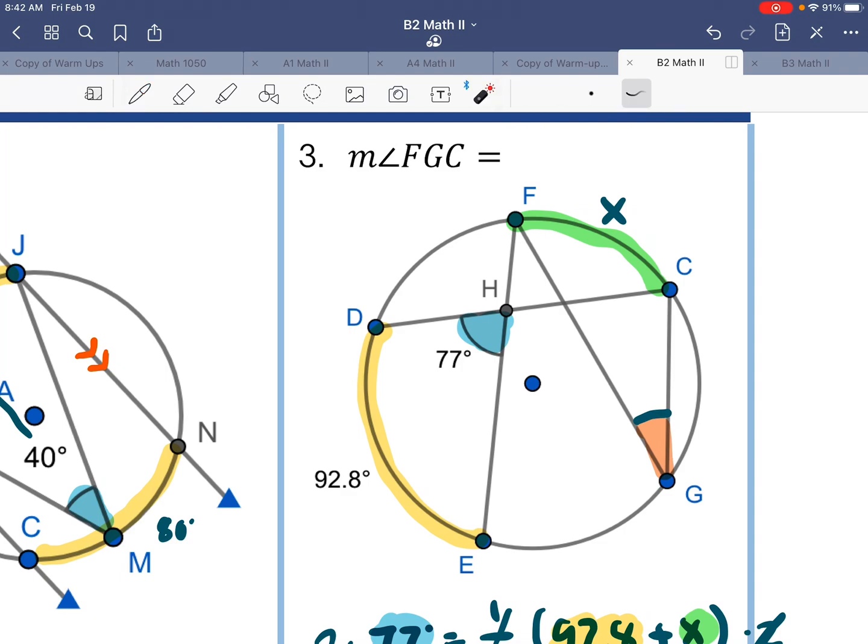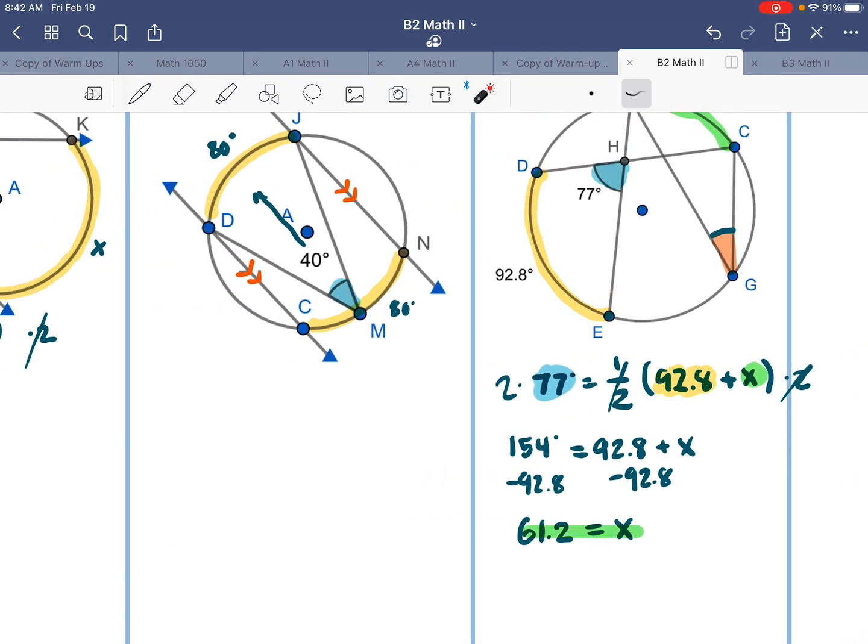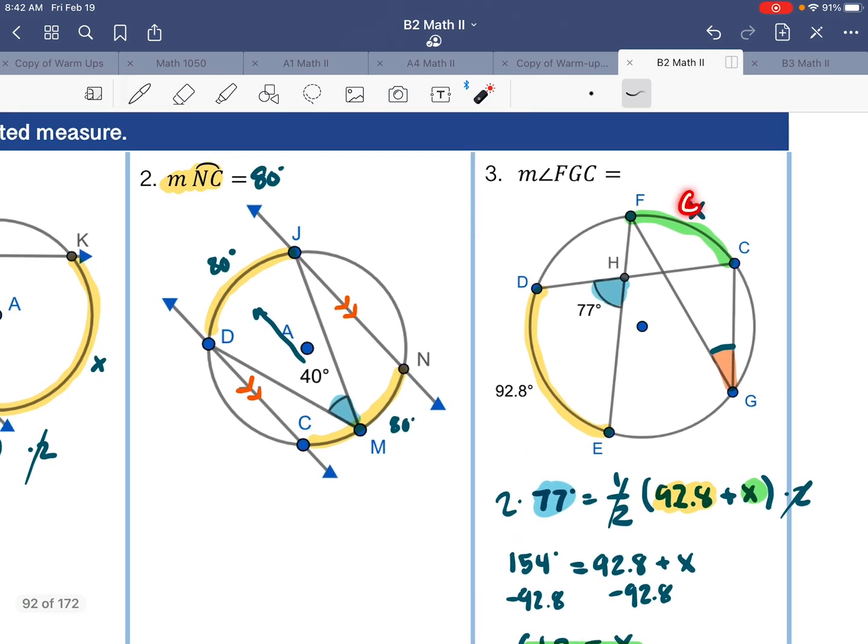And now we're going to ignore the two intersecting arcs because we know what x is now. We know x is 61.2. This is 61.2. And then we have an inscribed angle attached to that arc, which is half of what that arc measure is. So we can just divide by 2 to get the angle measure that we're being asked for, which is 30.6.